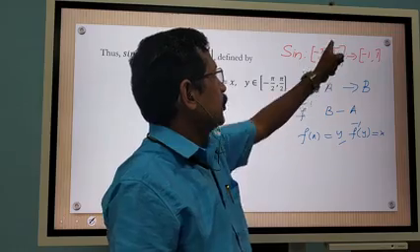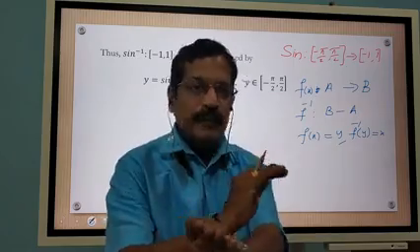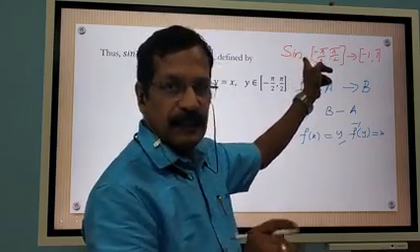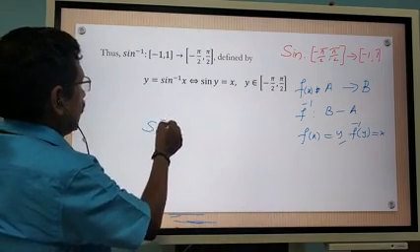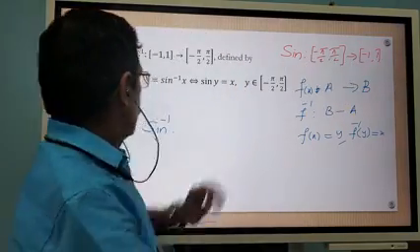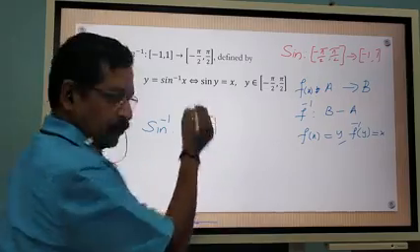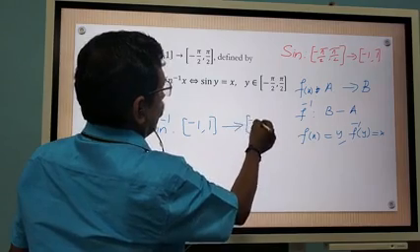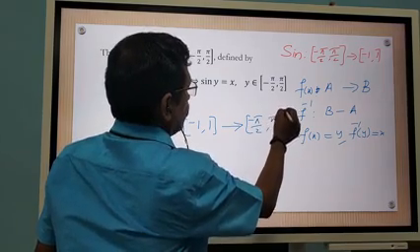The same thing applies to the sine function also. So sine is from minus pi by 2 to plus pi by 2 to the closed interval minus 1 to plus 1. So sine is the function here, and what about sine inverse? Sine inverse should be from minus 1 to plus 1 to minus pi by 2 to plus pi by 2, so the domain is minus 1 to plus 1 and the range becomes minus pi by 2 to plus pi by 2.